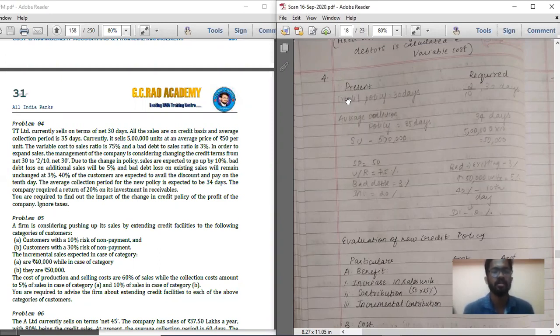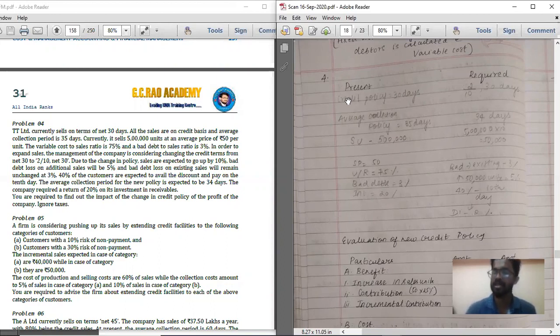That is, right now it sells on terms of net 30 days. All the sales are on credit basis and average collection period is 35 days. Point number 1 is all sales are credit sales, and second is the collection period is 35, that is, debtors are allowed 35 days. And currently it sells 5 lakh units at an average price of 50 per unit.